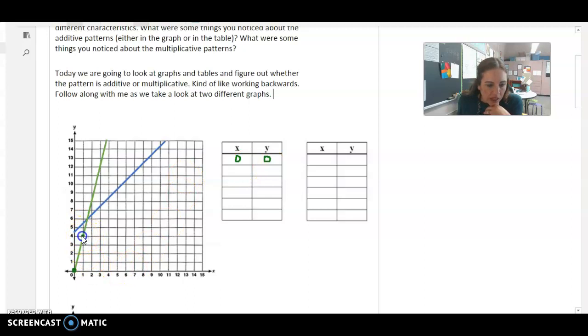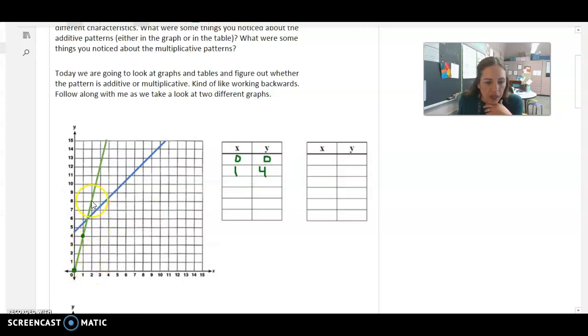My green line also passes through this point right here, which looks like a 1 on the X axis and a 4 on the Y axis. Okay, now let's look for another one that's pretty easy to read.